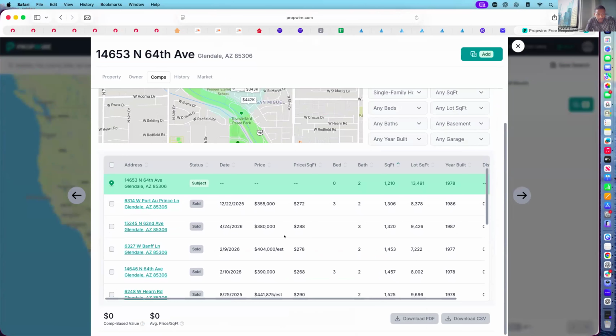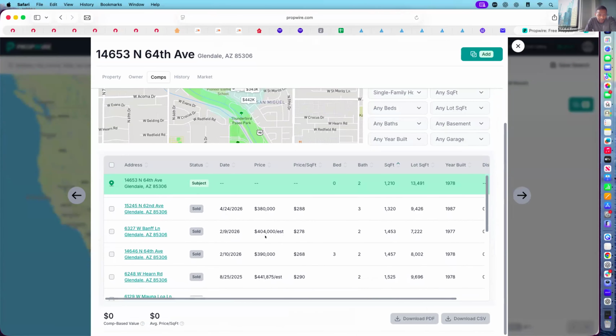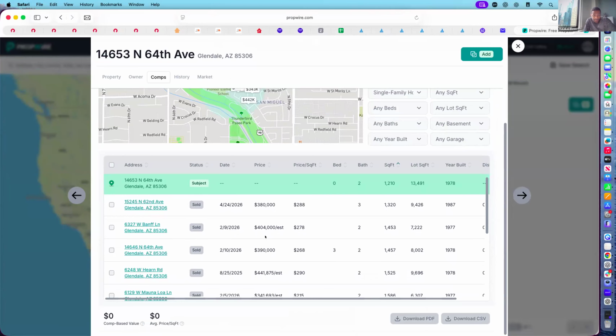1,300 square feet, 2025, 350. Not a great comp for us. 380, 1,300 square feet, smaller lot. That is a comp as well.